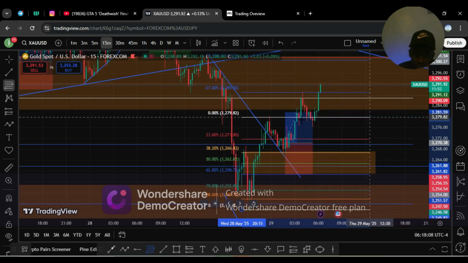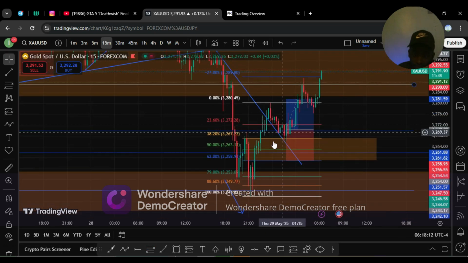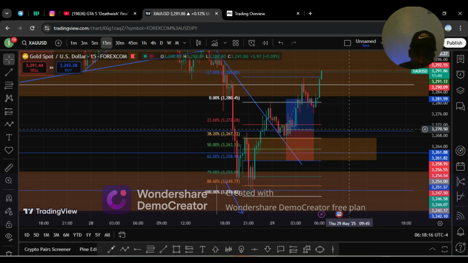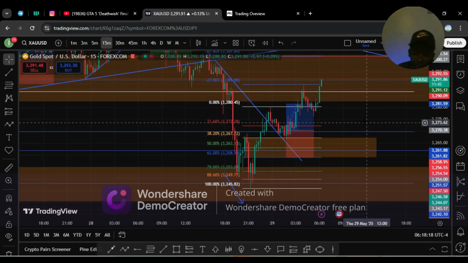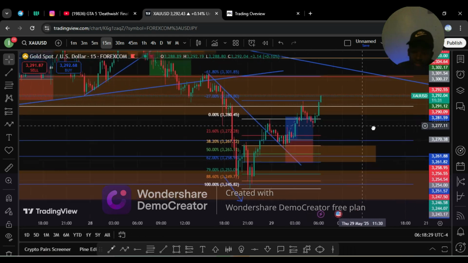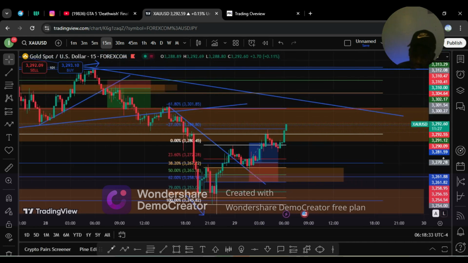So I do this Fibonacci from point A to point B. Price retested my 38.2 Fibonacci level, and once I saw that, I was like, yo guys, we're going up, because that's another confirmation for these buys. The trend line, the RSI divergence, the negative 61.8, and the supply and demand zone. Guys, there's no reason to not enter this trade, honestly.